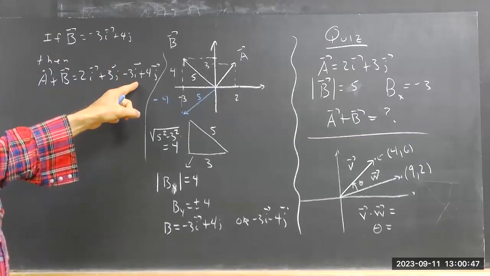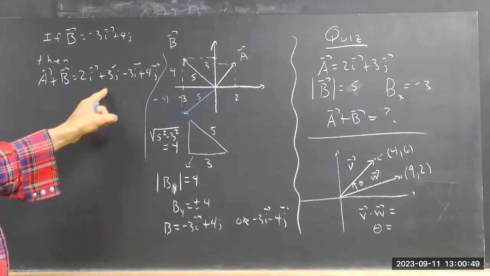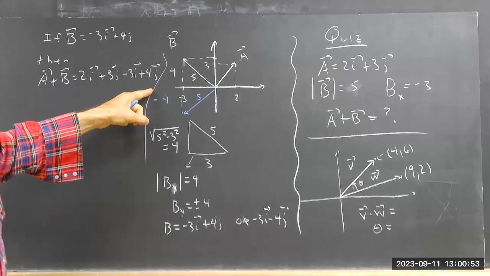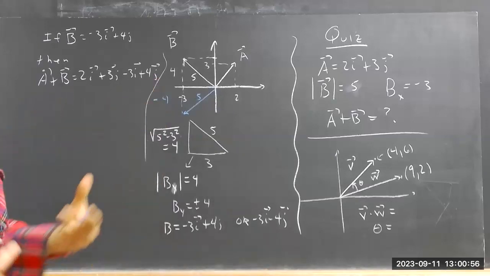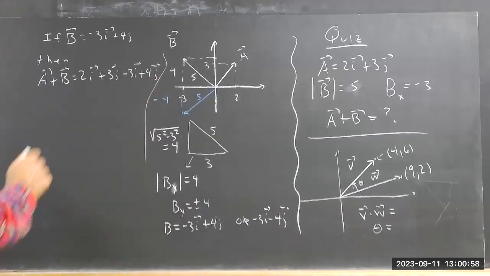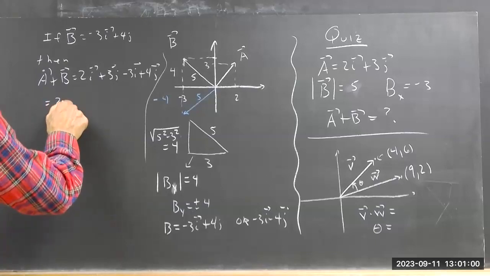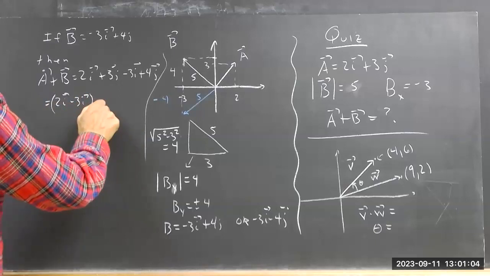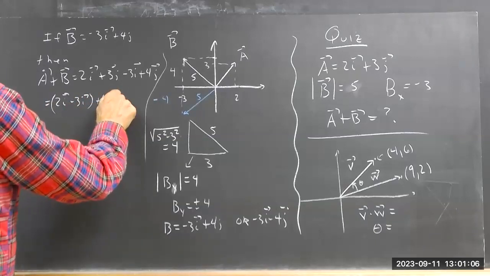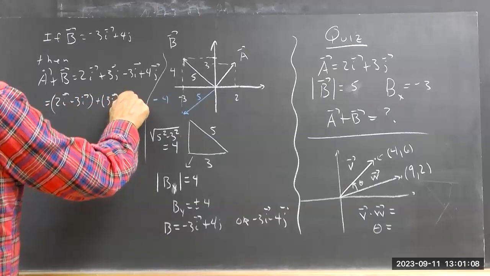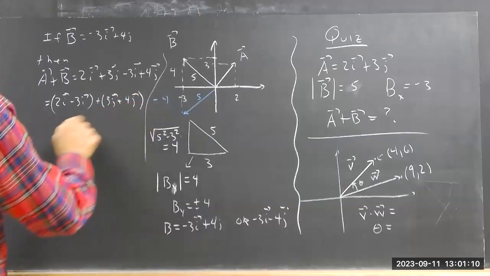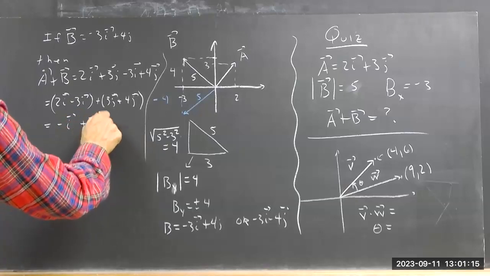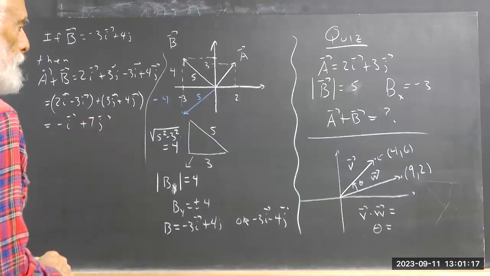This and this are like terms because they're both multiples of i. This and this are like terms because they're both multiples of j, right? So just a slight extension of simple algebra and simplification tells you that this is 2i minus 3i plus 3j plus 4j, which equals negative i plus 7j.